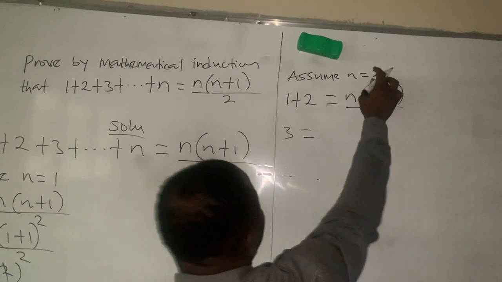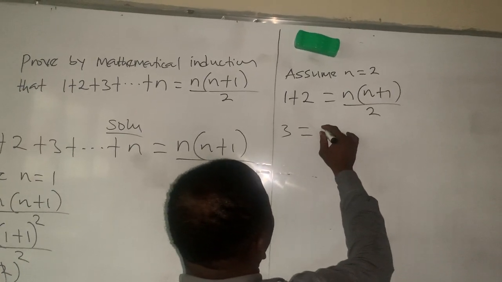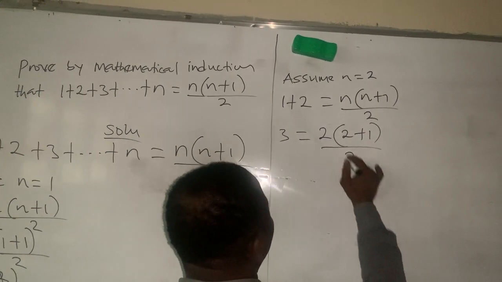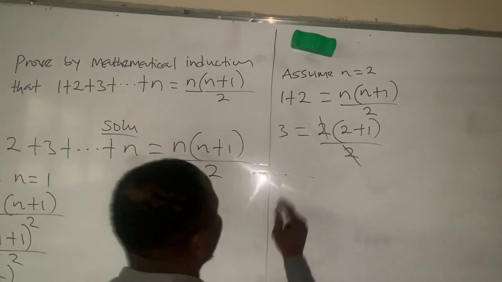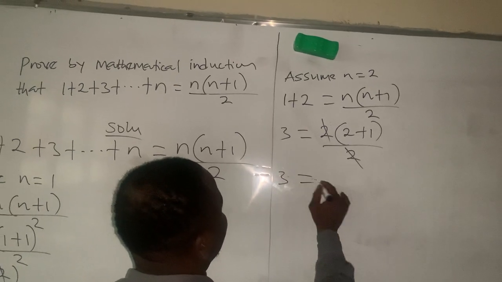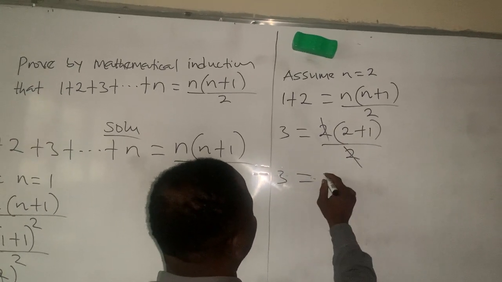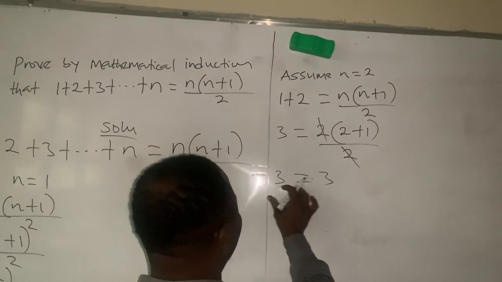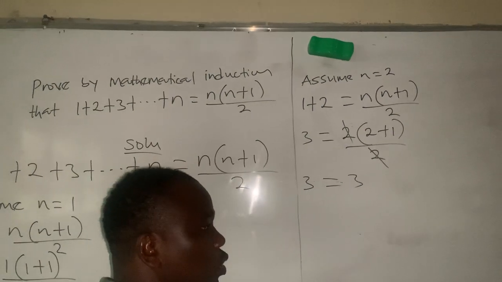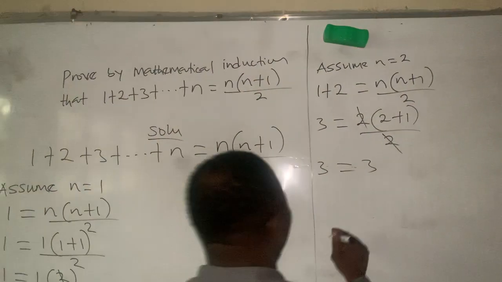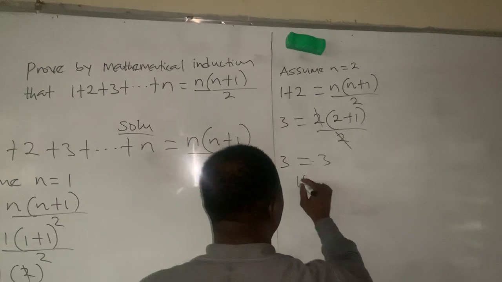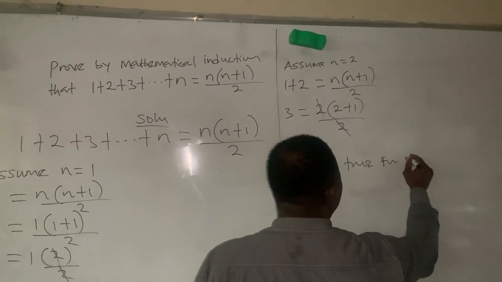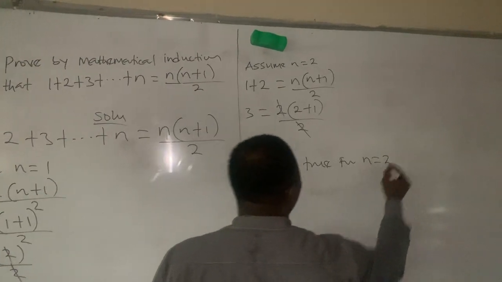Then, anywhere you see n, you write 2(2 + 1)/2. This 2 and this 2 will cancel. You discover that our 3 is equal to 2 + 1, which will give you 3. It implies that the left hand side is equal to the right hand side. Therefore, we conclude by saying it is true for n equals 2. Okay.